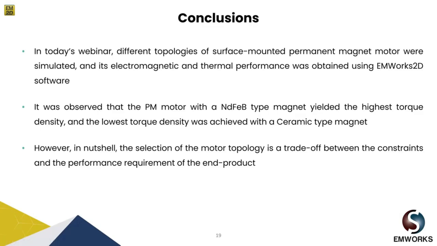However, in a nutshell, the selection of magnet type or the topology of a motor, whether it's permanent magnet motor, induction motor, switch reluctance motor, synchronous reluctance motor, it's completely a trade-off between what are the constraints and what are the performance requirements from the end product.